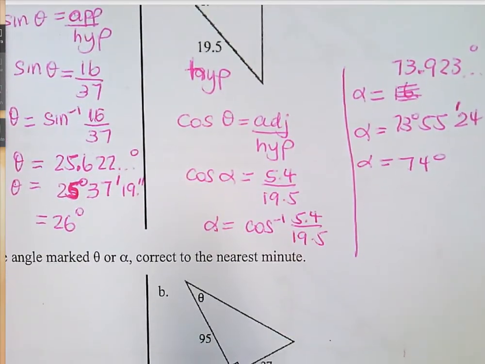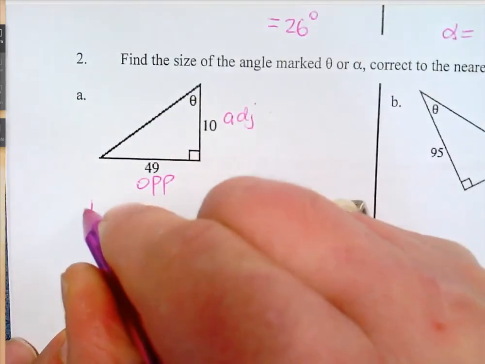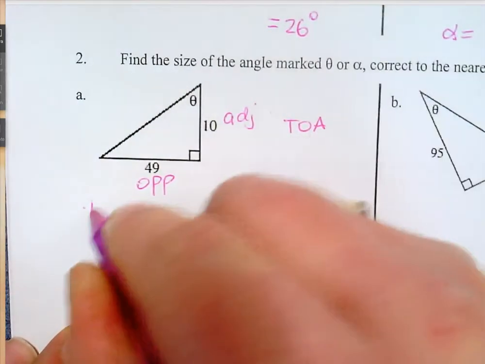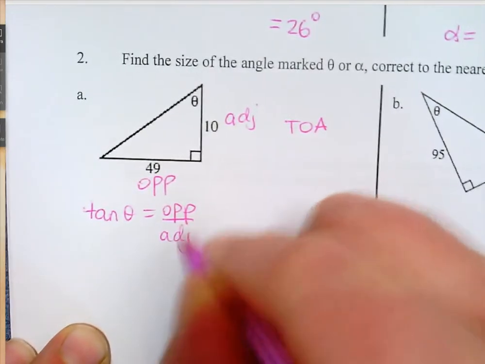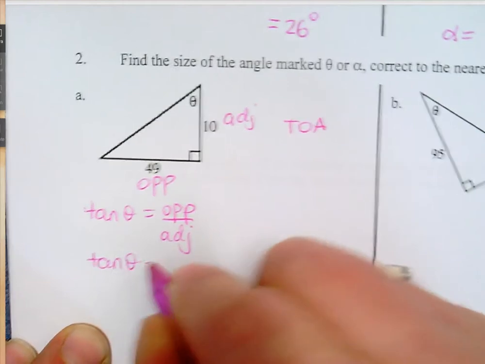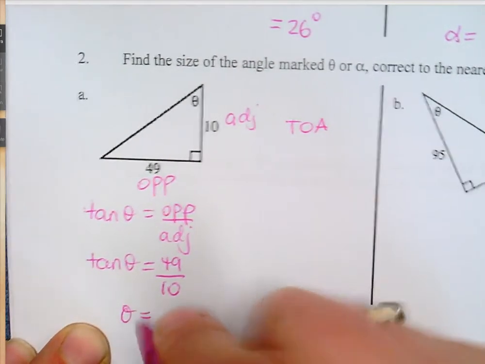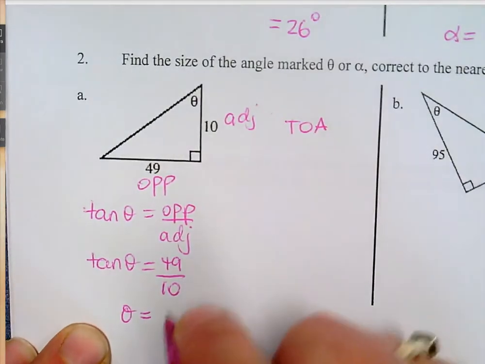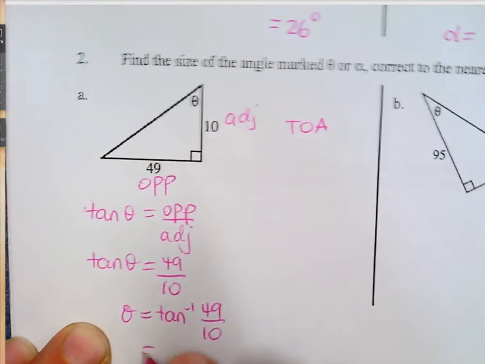In relation to theta, we have opposite and adjacent. TOA. Tan of theta is opposite over adjacent. Tan of theta is 49 over 10. Theta is, you have to do tan to the minus 1 on your calc.